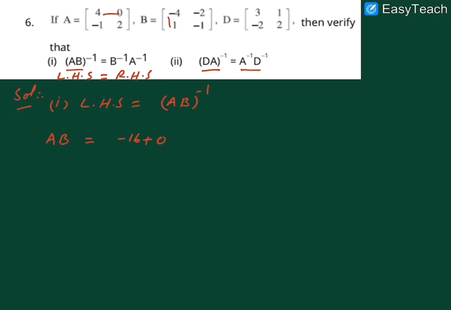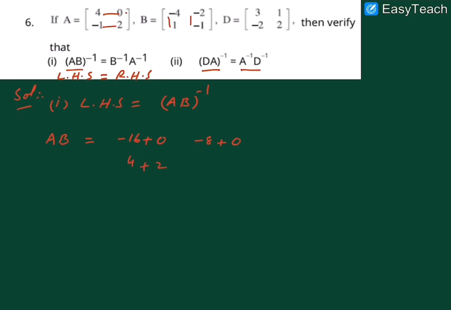Similarly, first row of A will multiply with second column of B. 4 will multiply with minus 2, it will be minus 8, and 0 will multiply with minus 1, which is 0. Similarly, second row of A will multiply with first column of B. We will get minus 1 times minus 4 is plus 4, and plus 2 times 1 is 2.